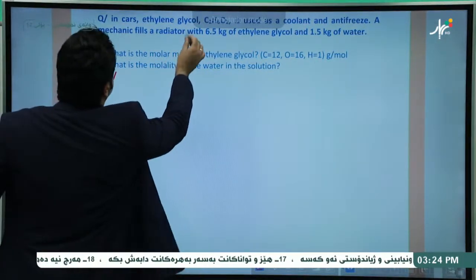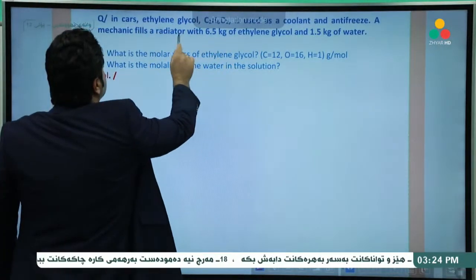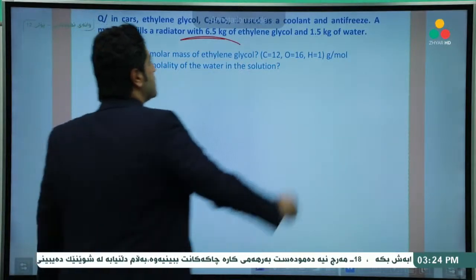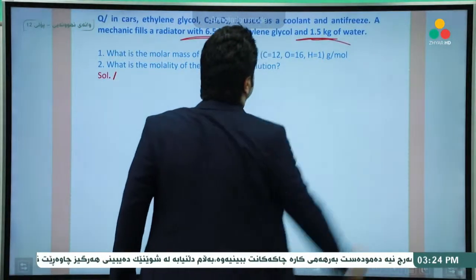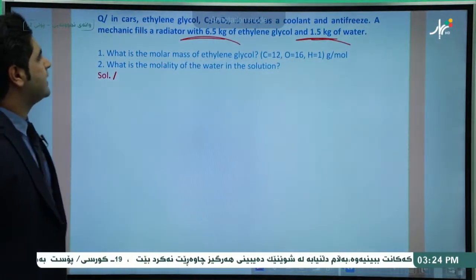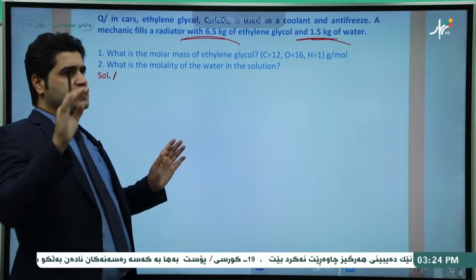We have ethylene glycol, which has a mass of 6.5 kilograms with 1.5 kilograms of water.